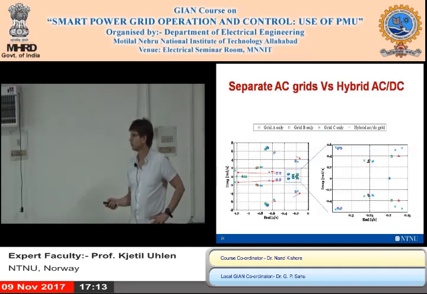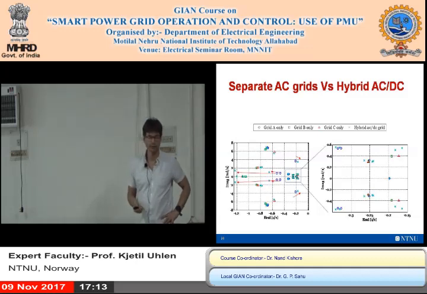But this one has lower damping when it's connected, even though not that much. But still, this is a kind of concern.